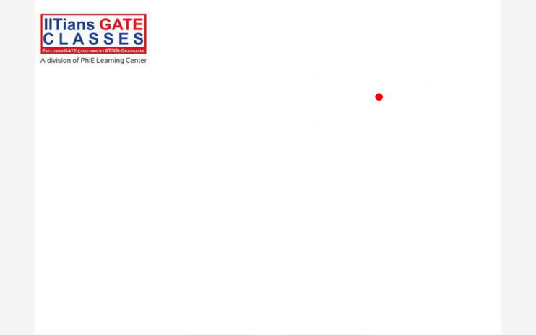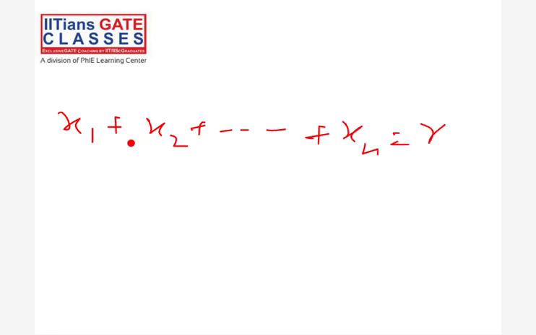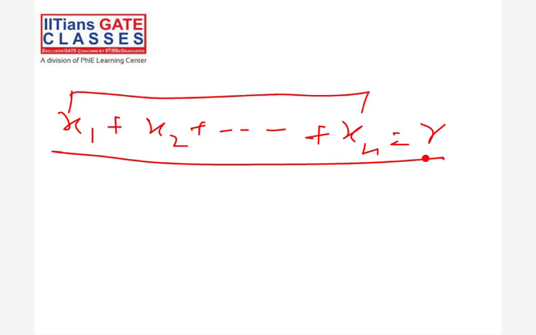I have already discussed that the template is like this: x1 plus x2 plus and so on xn is equal to r. Whenever you have this kind of template, you need to make the summation equal to r. Also you have the condition that each xi can go from 0 to r.